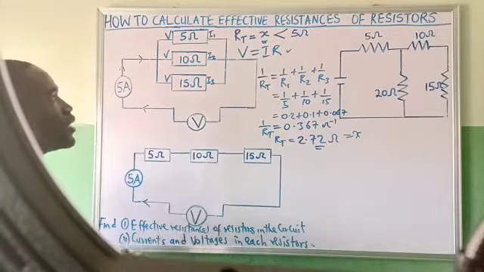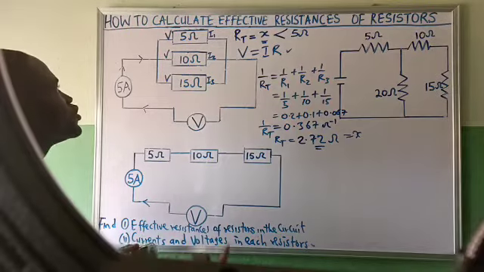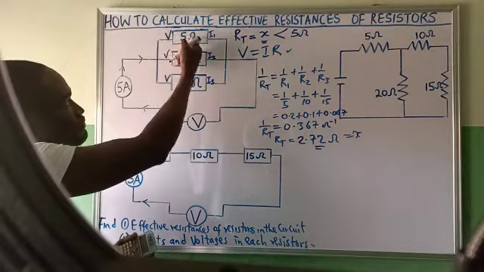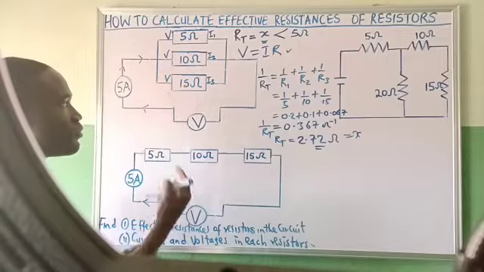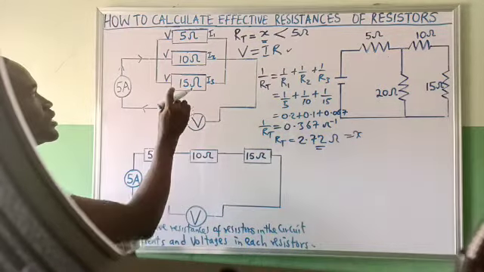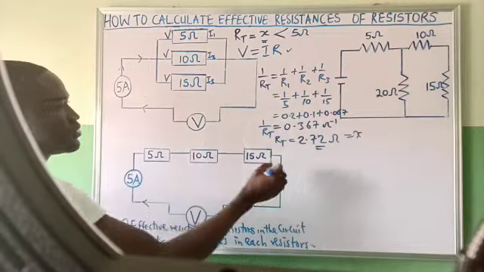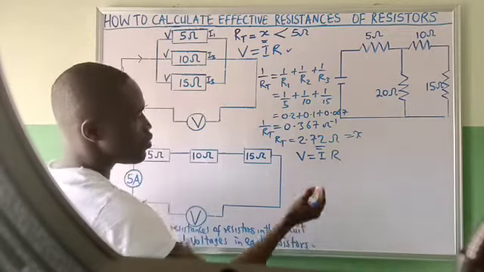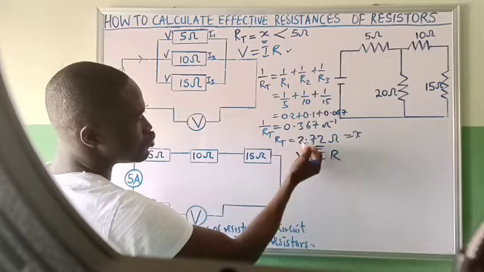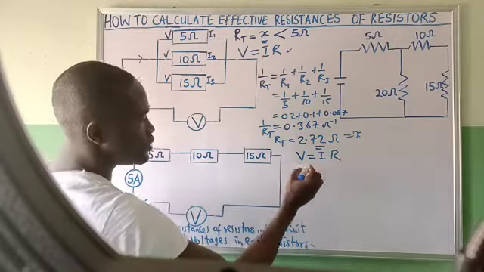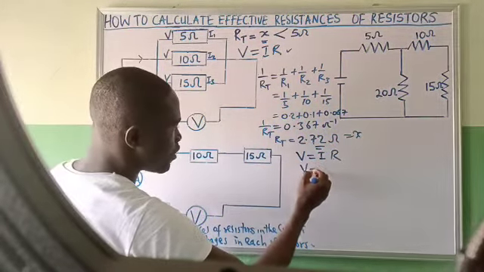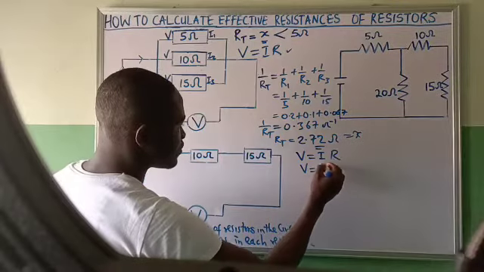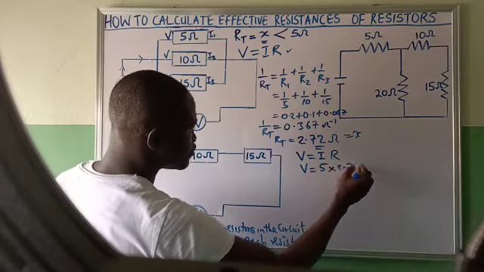Correct. Now, assuming they ask you to get the voltage across the 5 ohm, 10 ohm, and 15 ohm resistors, you tell them that since V is equal to IR, what is your R? 2.72. You now say that V will be equal to I, which is 5, times 2.72.